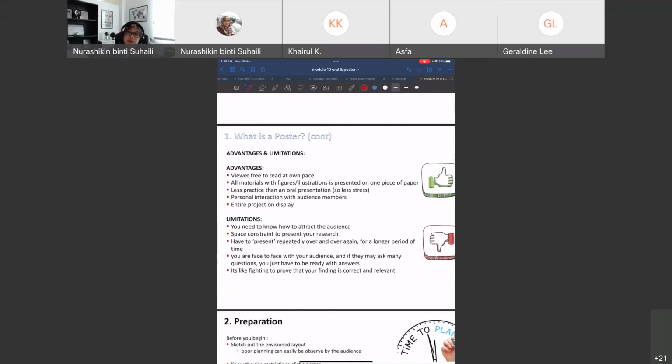Advantages: whenever the posters are hung at the booth, people can have a look at it and go through the things at their own pace. That is very important because during the conference there are also oral presentations, where people just deliver their presentation using slides, like giving lectures, like a 10-minute conference presentation.